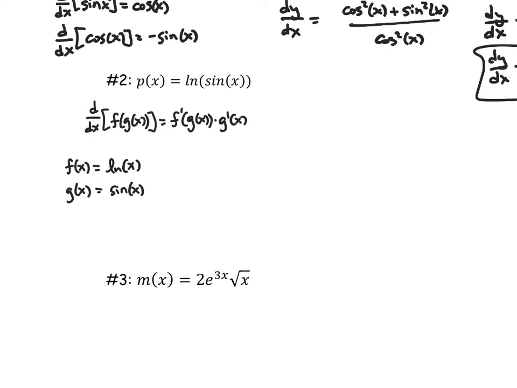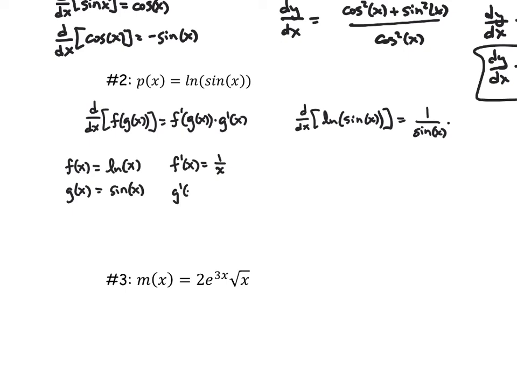So what I want to do is find f prime of g of x. All right, so the derivative of ln of sine of x. I'm going to take the derivative of the outer function, leave the inner one alone. So the derivative of ln is 1 over something. We leave that something, which is the inner function, alone, times the derivative of the inner function. Okay, so I did f prime of x and showed it was 1 over x.